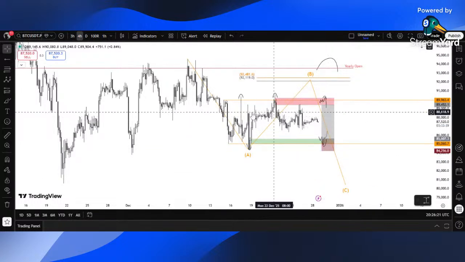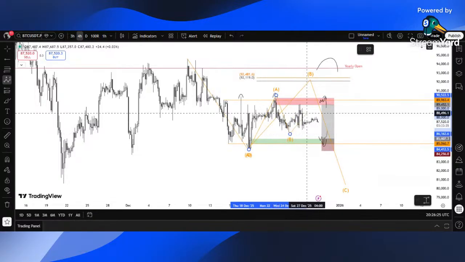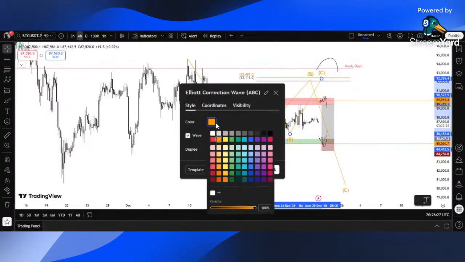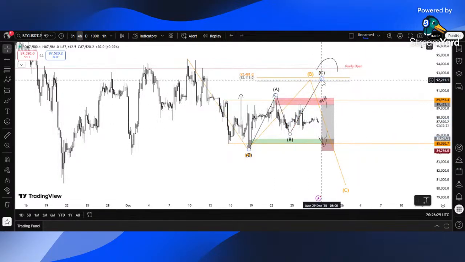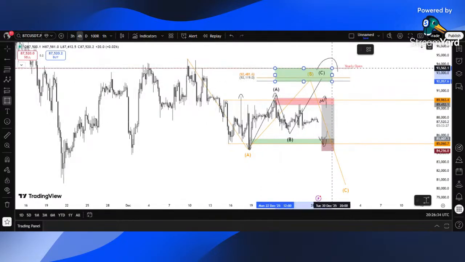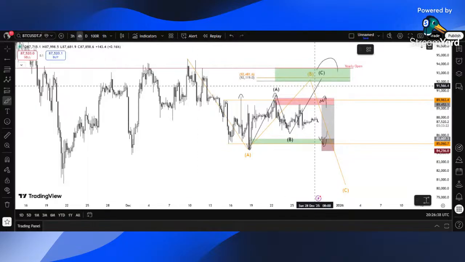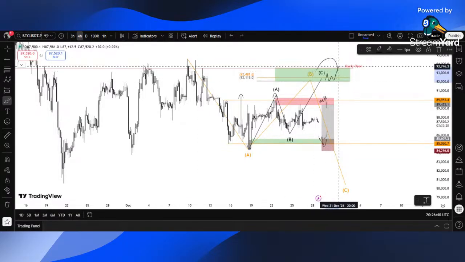So if we get back to this, then for me, I will look for another short trigger here. This is a very simple trigger.